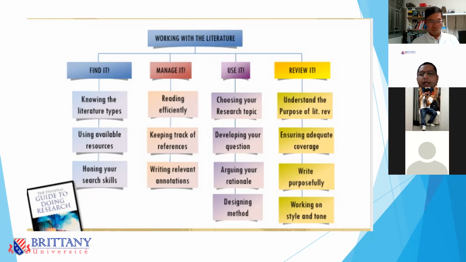Then use it. When you use it, you will start getting ideas from different journals, basically for your own research topic: develop your questions, argue your rationale, design your method. Then review it: understand the purpose of it, ensure adequate coverage, write purposefully, work on style and tone, etc.